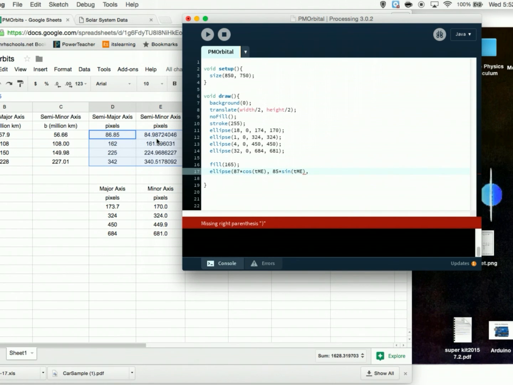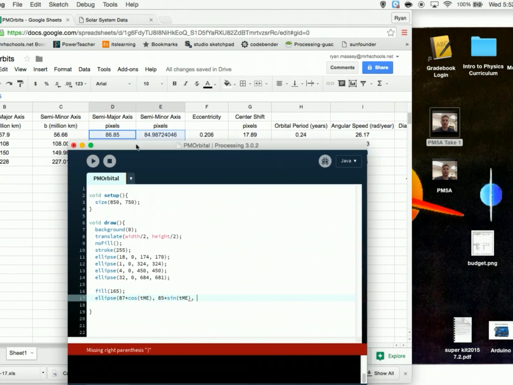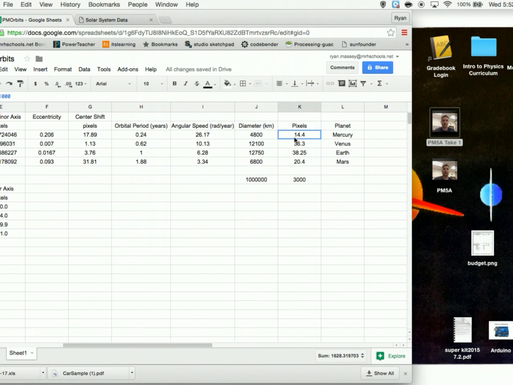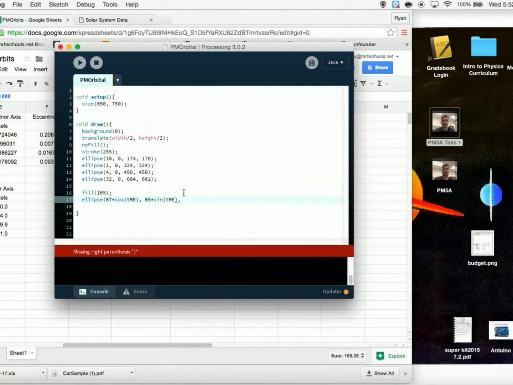Those are the parametric equations showing us the location. And then we have the pixel size of these planets. So right here. So for Mercury, that's going to be 14. 14. Okay. Now remember that the orbits are shifted a bit. So for Mercury, the shift is 18. So we need to add 18 to this.